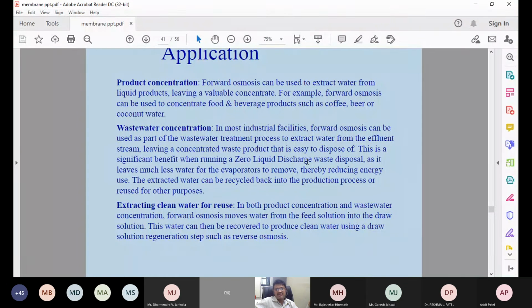Your liquid becomes less and less, then you can use a multiple effect evaporator for removing the very toxic compounds, for example in pesticide industry or other hazardous industries. You can use it for zero liquid discharge waste disposal, and for extracting clean water for reuse also.